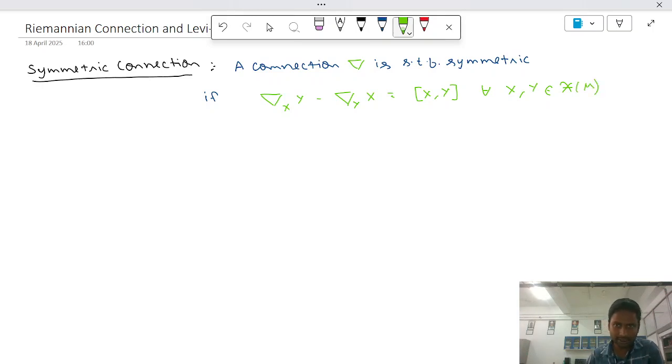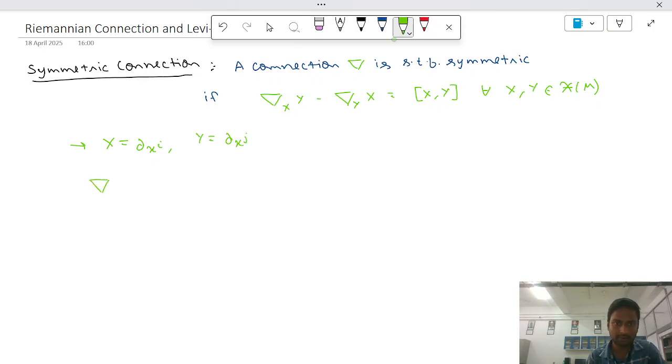Okay. So this is a simple property, but all the calculations are always done locally. So let's have a look. What does it look like locally? To see what it looks like locally, let's consider in particular the basis vector fields, X equals del xi and Y equals del xj. Let's apply that and see what happens.